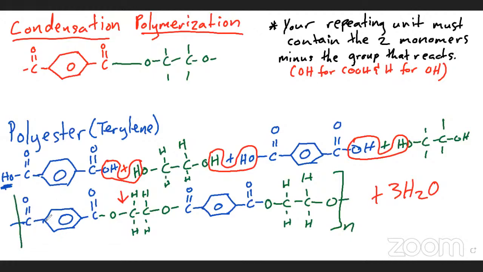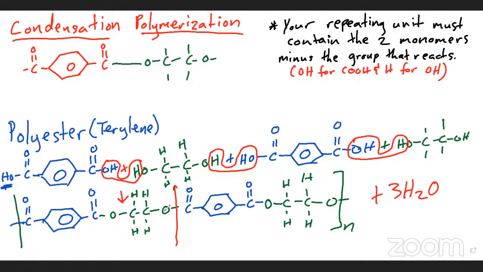So this is the acid, and we know it should connect with the alcohol. And the alcohol ends with the oxygen. So you start from one acid molecule to the end of the alcohol molecule. So all of this is your repeating unit if you're asked to draw it.